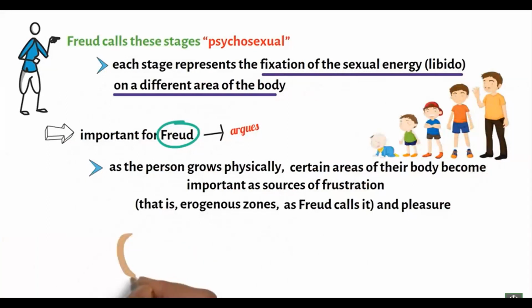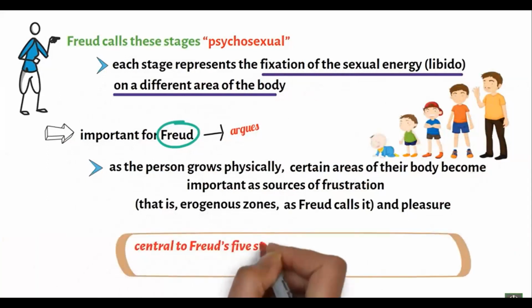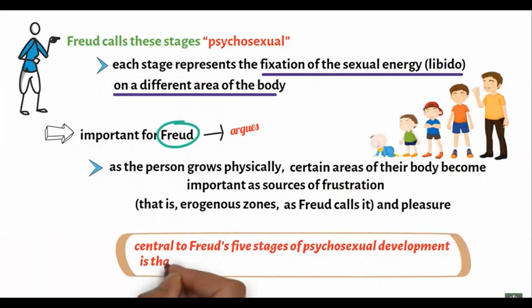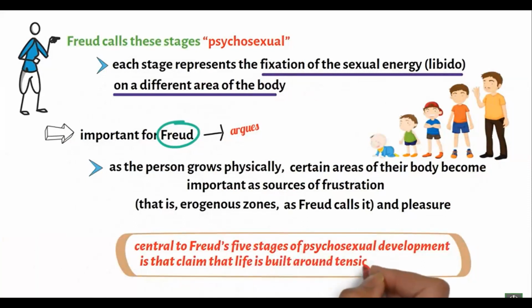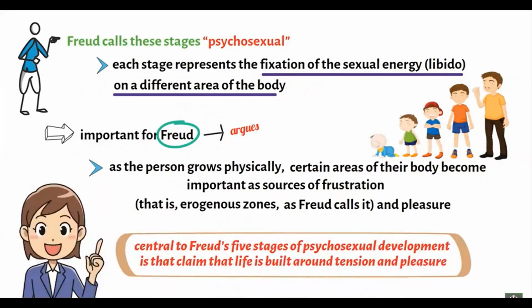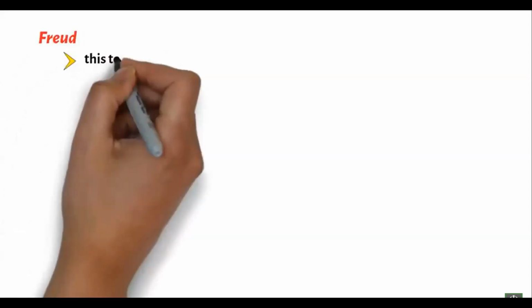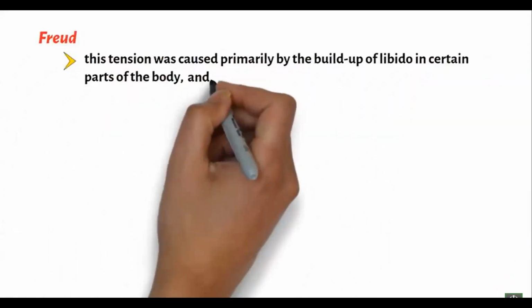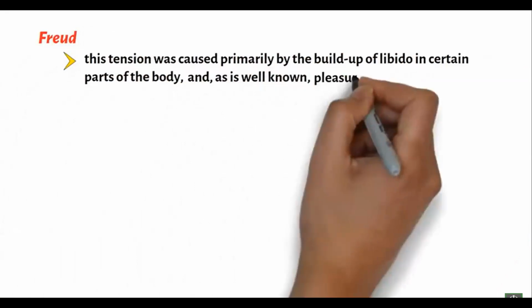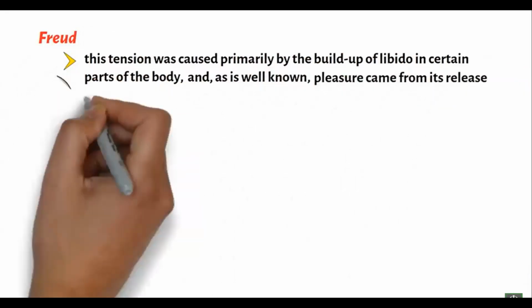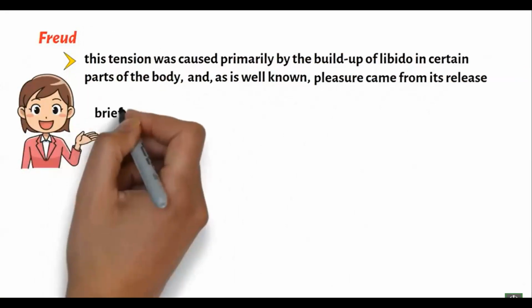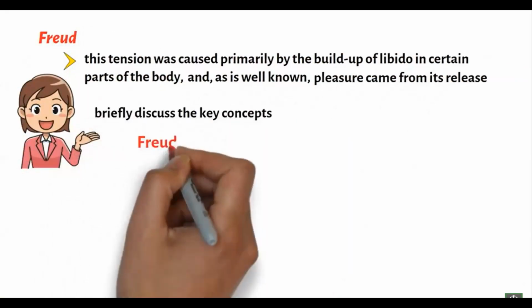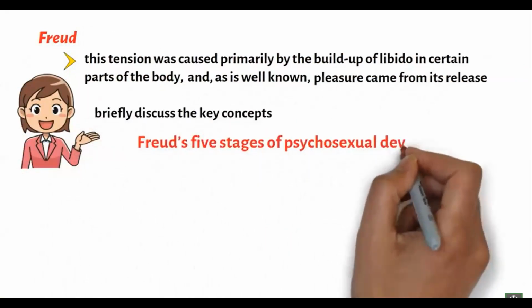As we may already know, central to Freud's 5 stages of psychosexual development is the claim that life is built around tension and pleasure. For Freud, this tension was caused primarily by the buildup of libido in certain parts of the body, and pleasure came from its release. In what follows, I will briefly discuss the key concepts of Freud's 5 stages of psychosexual development.